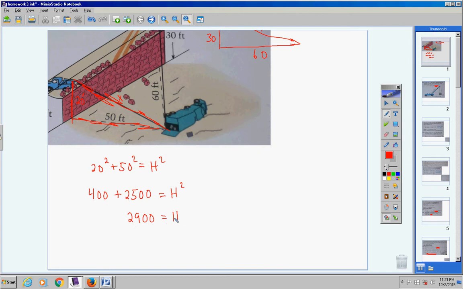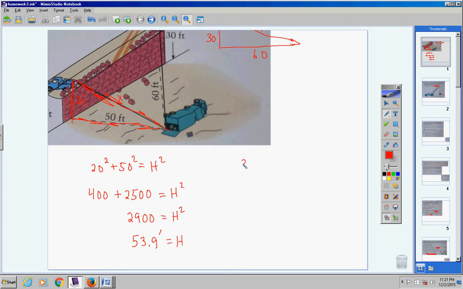And then take the square root of both sides. The square root of 2900 would be 53.9 if you round to that. Everything's in feet. So 53.9 feet.